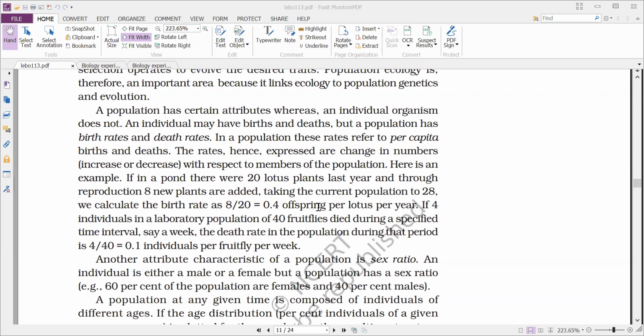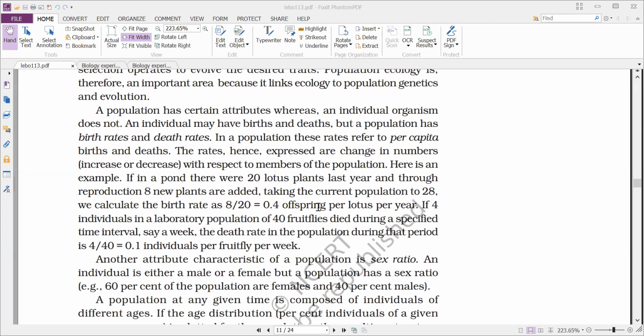And if 4 individuals in a laboratory population of 40 fruit flies died during a specified time interval, say a week, the death rate in the population during that period is 4/40. That is 0.1 individuals per fruit fly per week. So there are 40 fruit flies in total, and 4 died in that week.